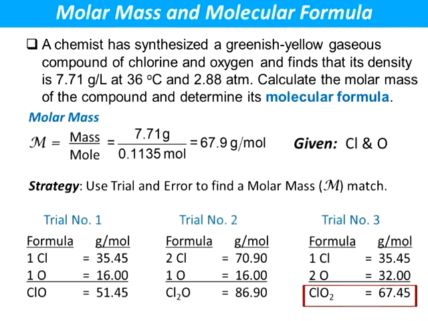In my third trial, I use 1 chlorine and 2 oxygens. When I do the calculations, I obtain 67.45 grams per mole, which is close enough to my molar mass that was obtained using the gas law equations. So therefore, the molecular formula for this compound is ClO2.